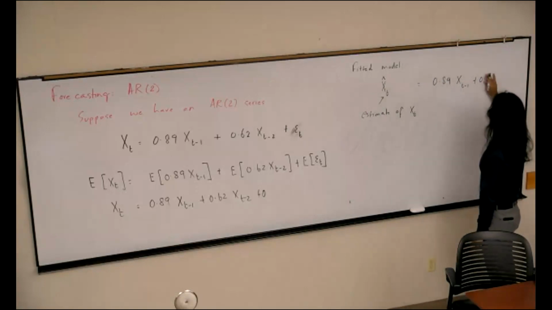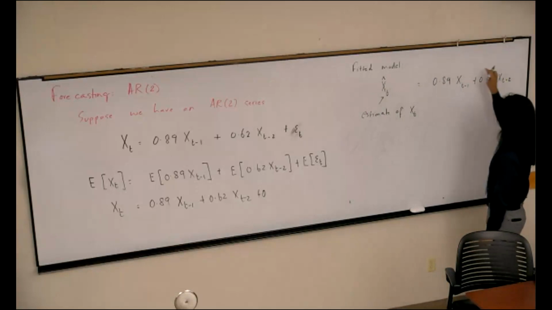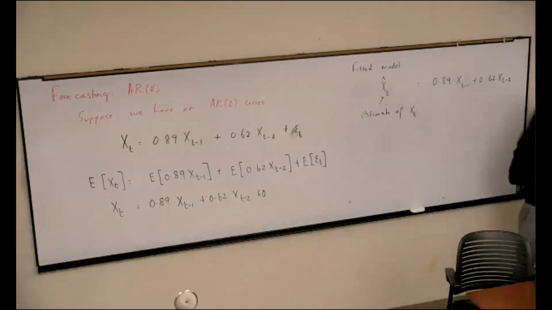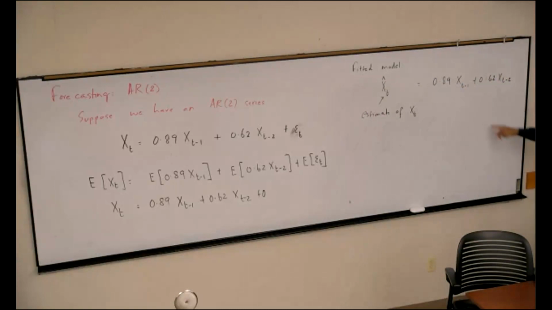You might notice that I am not using hat there. Of course, later on we can't put hats there, but I'm not doing it right now because I am looking forward to obtain a forecast.